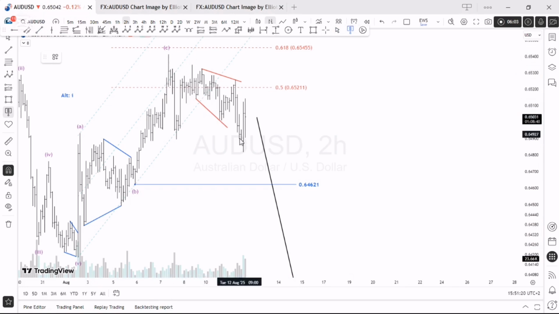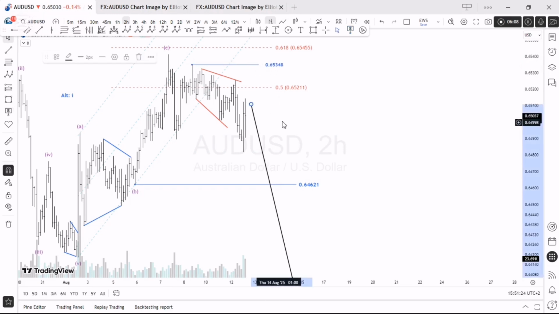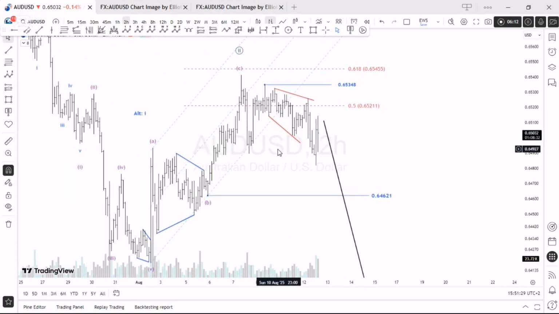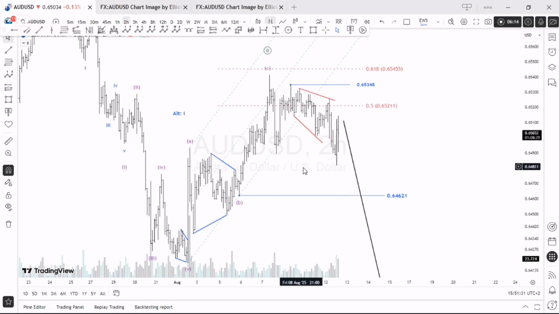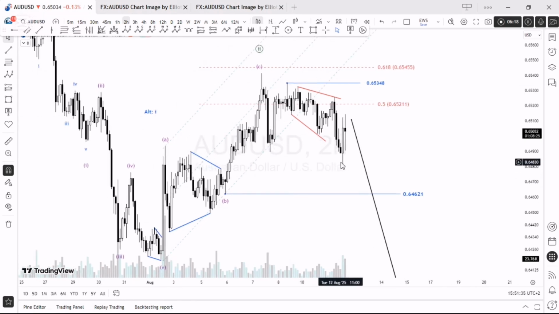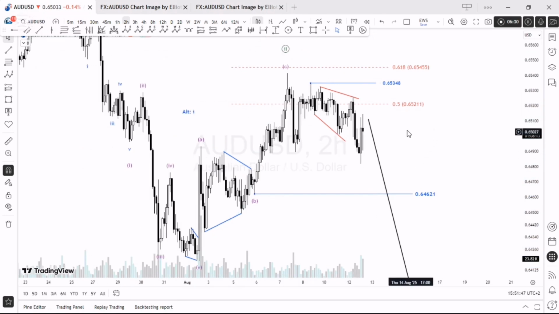As far as the price action advocates, I think we have yet to see the market continue to push lower. So my price of interest would be this level right here, and then here I could just look to short the market. Again, this is not financial advice, but just an application of the wave principle, ladies and gentlemen.